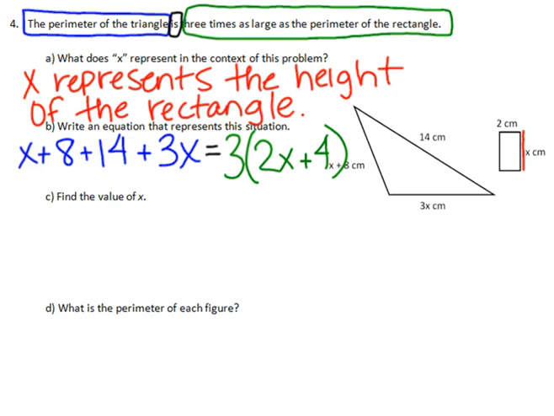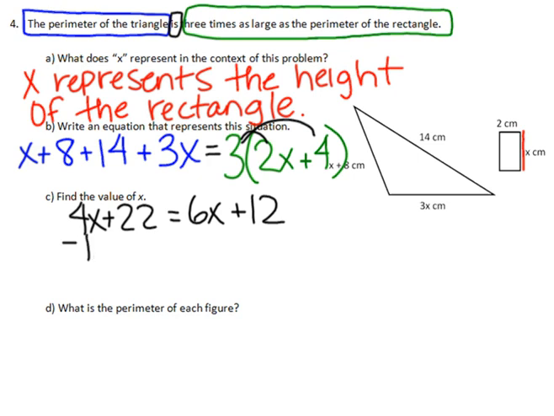I can go ahead and combine like terms when I start solving. So 8 plus 14 would be 22. 3x plus x is 4x. And then I'm going to distribute. 3 groups of 2x is 6x. 3 groups of 4 is positive 12. So this is the equation I'm going to solve.